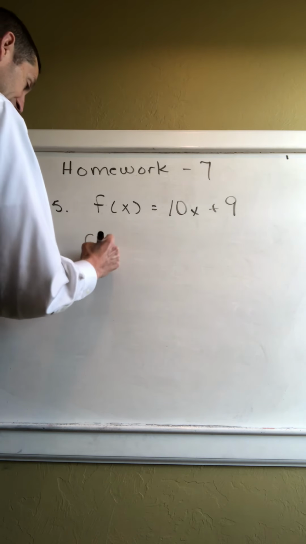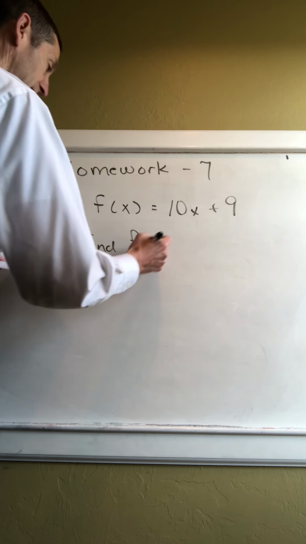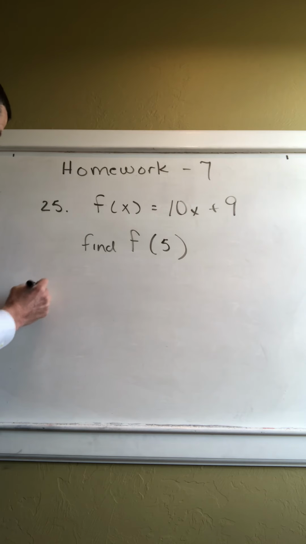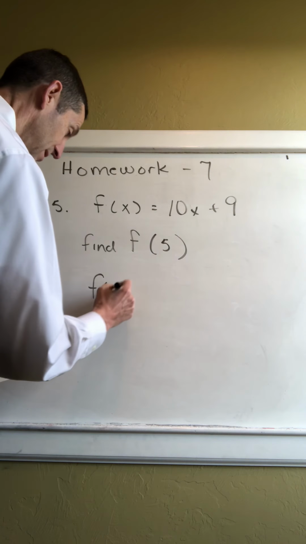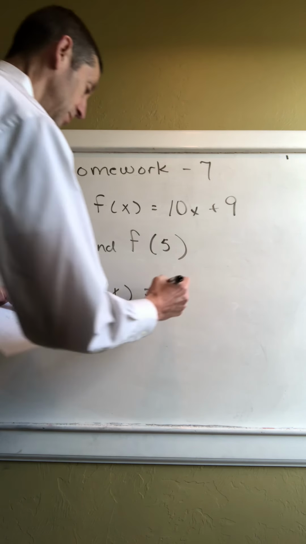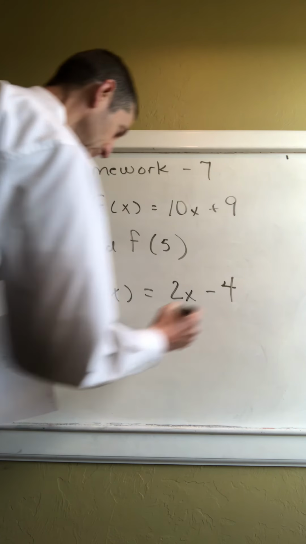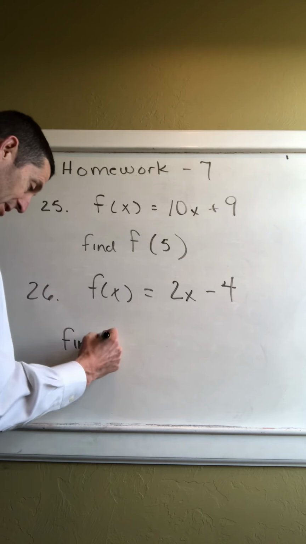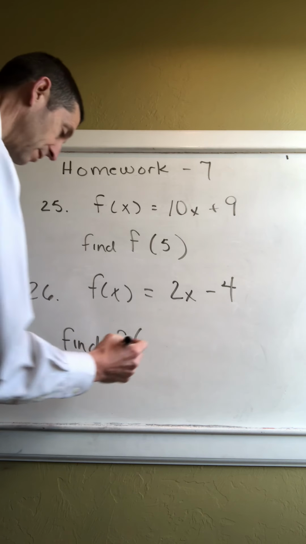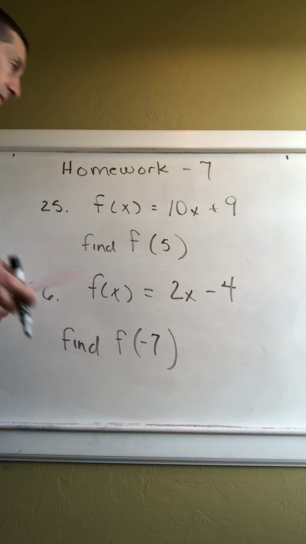You've got to find f of 5. I might be able to get another one down here. 26. f of x is equal to 2x minus 4. And you got to find f of negative 7.